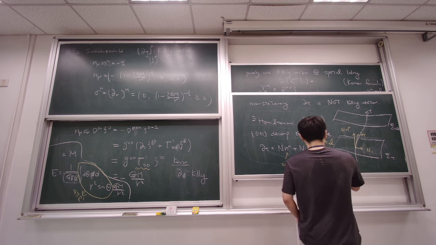And the Qij is the metric induced on the... so the Qij is somehow the induced metric, G mu nu plus N mu N nu.